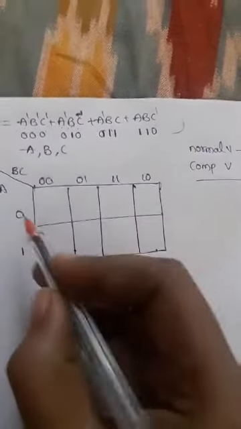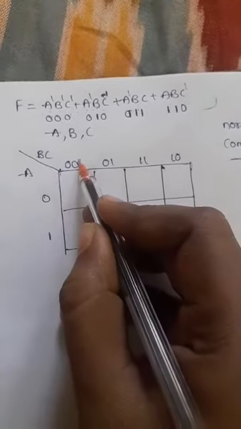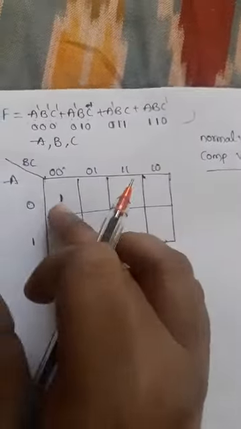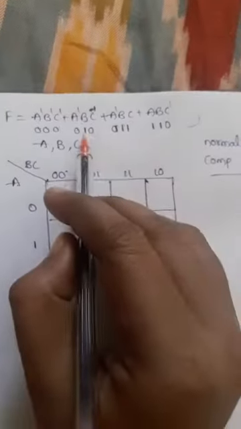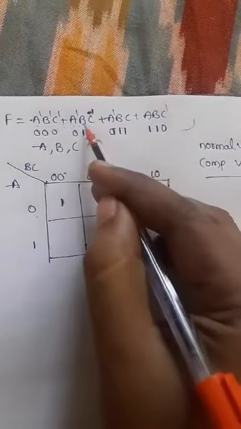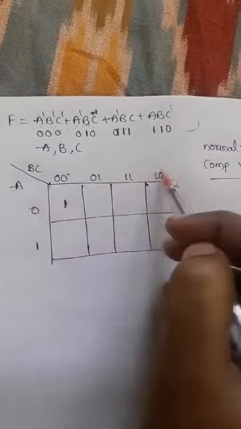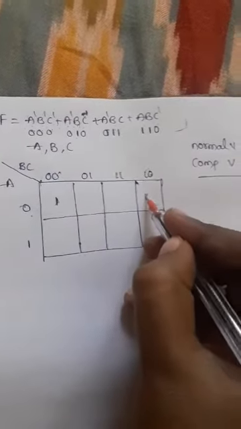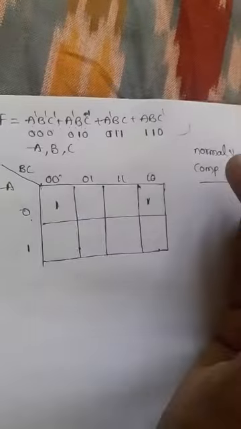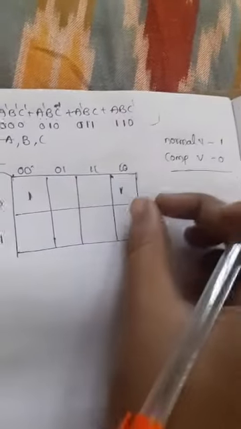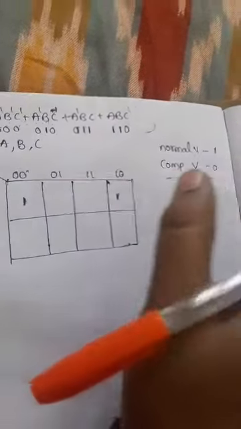Here 000, where A is 0, B is 0, C is 0, so we place the 1 in that K-map cell. Next 0 1 0, A as 0, B as 1, C as 0, this cell. So in SOP representation, after decoding the values, with respect to each term you place the 1 into the respective cell.